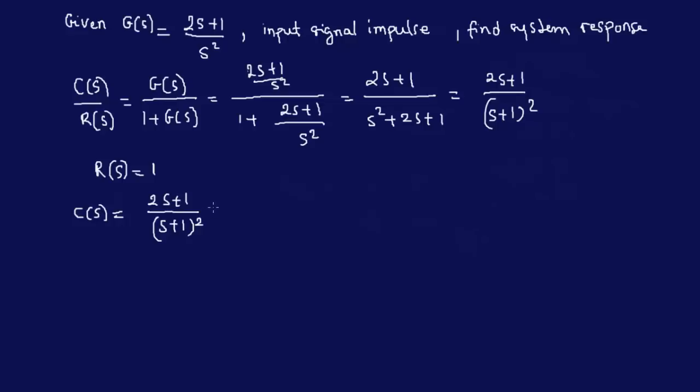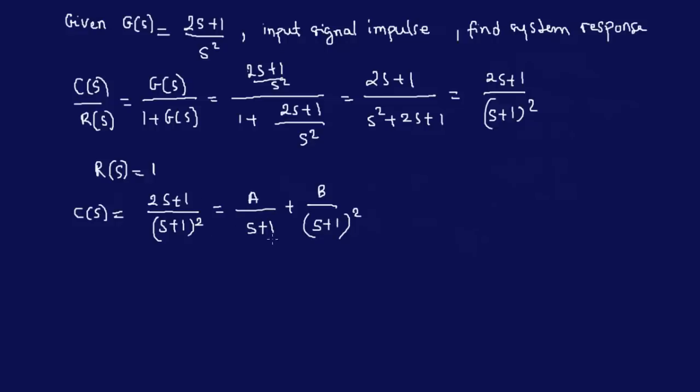So this is A for partial fraction. I have to separate it. When you have a square, the first one will be just s + 1, and then the second one will be the squared. That's how you do the partial fraction when you're dealing with squared.